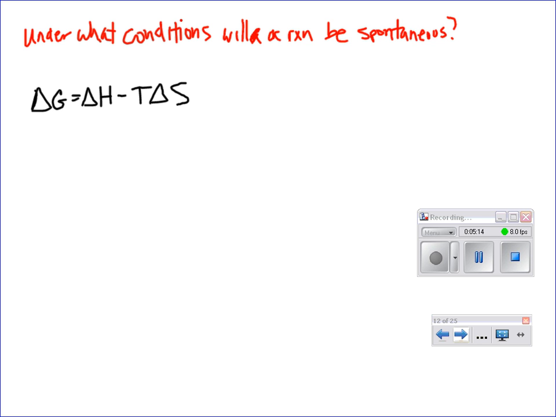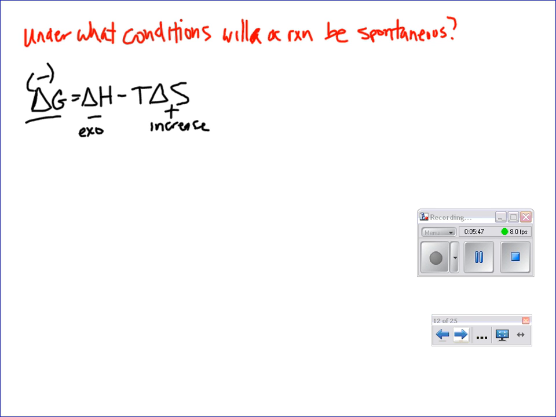And we're going to start out with conditions where, let's say I have a reaction that's exothermic. If a reaction is exothermic, what's delta H? Negative. So I have an exothermic reaction with an increase in entropy. If I have an increase in entropy, what's delta S? Positive. Okay. Under what temperature conditions will I be spontaneous, keeping in mind that this needs to be negative? Low temperatures?